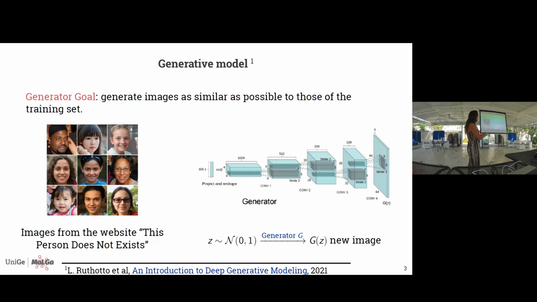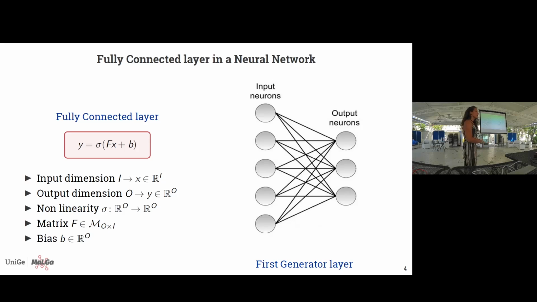The first layer, as I said before, is a fully connected layer. That means that it is composed of a linear matrix F, that in the continuous case will be a linear map, a bias term B, and a nonlinearity sigma, that is a pointwise nonlinearity applied to this whole fully connected layer.